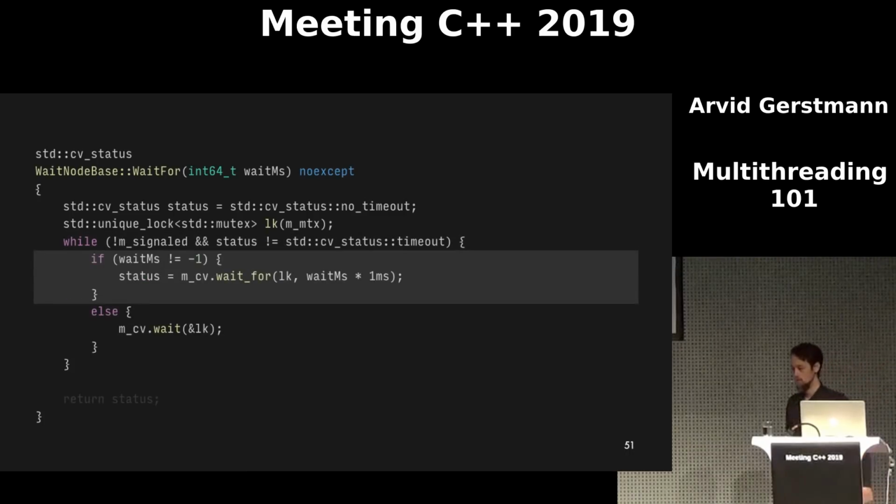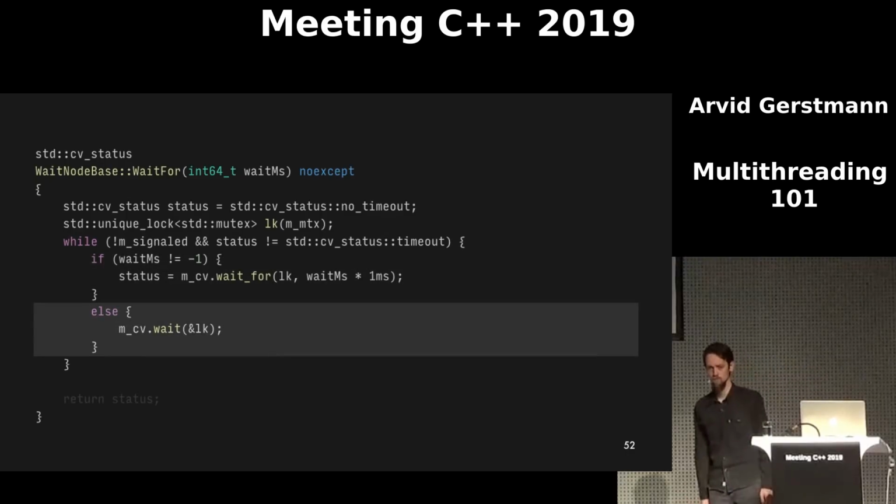In this loop, we're simply checking whether wait ms is -1 or not -1 to call the correct functions on our condition variable. If wait ms is not -1, we are waiting on the condition variable for as many milliseconds as the variable is indicating. If not, we are waiting forever. The wait operations will atomically release the mutex which we have acquired earlier, and suspend the thread.